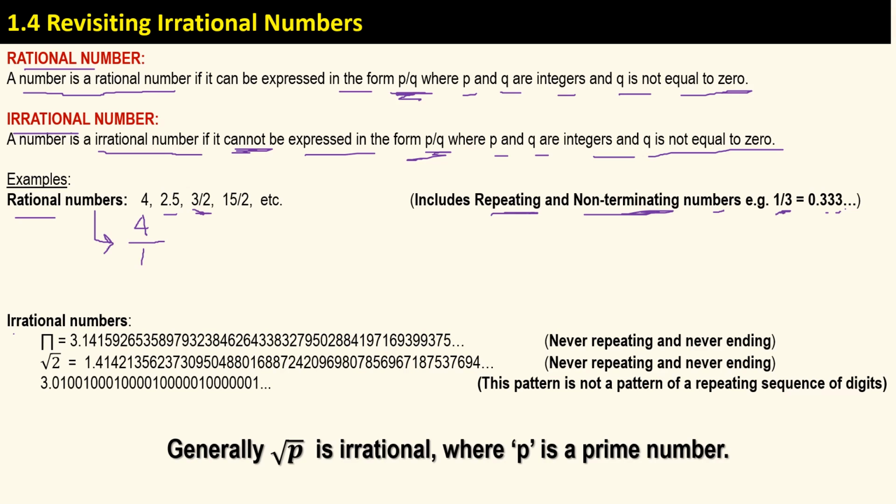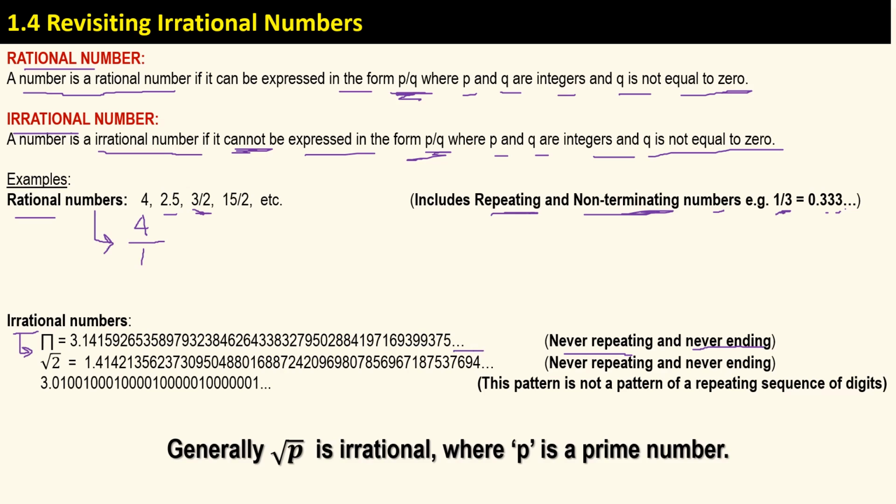On the other hand, the irrational numbers are, for example, pi, which is equal to 3.141592, and so on. You would notice that this is a never repeating and never ending number, and therefore they are called irrational numbers. By never ending, we mean that there is no end.